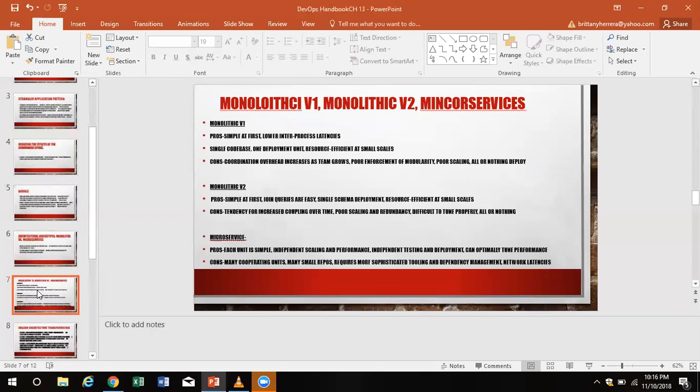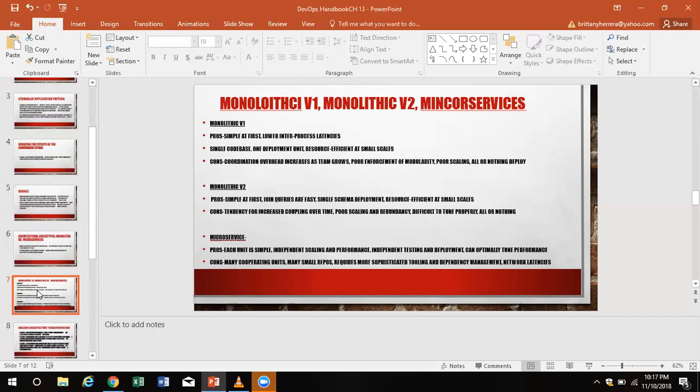So here are the pros and cons of monolithic version 1, monolithic version 2, and microservices. The first is simple at first with lower latency. It has a single code base and one deployment unit. The cons are that coordination overhead increases as the team grows, and there is poor enforcement of modularity and poor scaling, all or nothing basically. For the next one, the pros are that it's simple at first, join queries are easy, and single schema deployment is good.